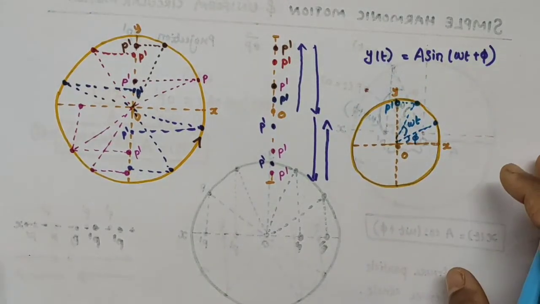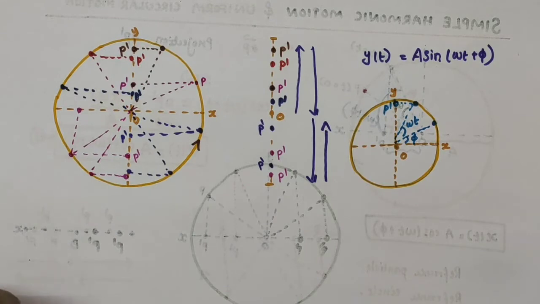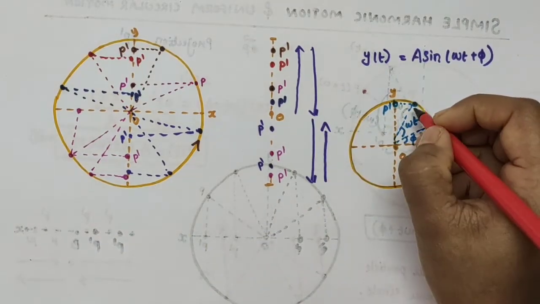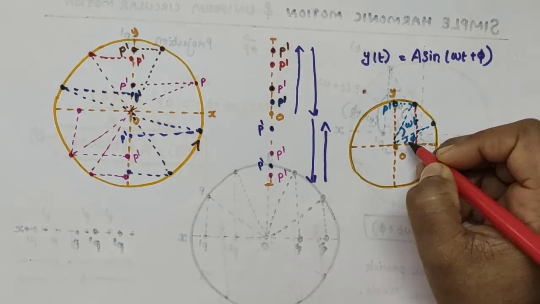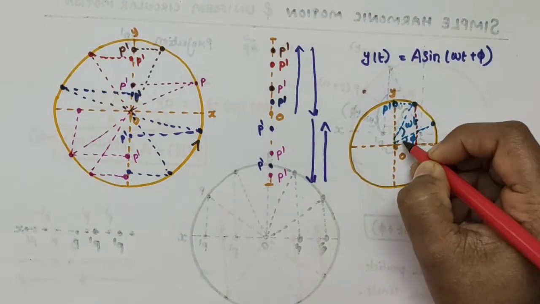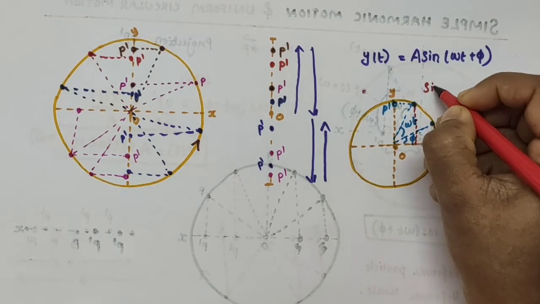So OP dash is actually y of t. Now I'm forming a triangle here, and I'm considering this triangle. The total angle is omega t plus phi. This is a right angle triangle.